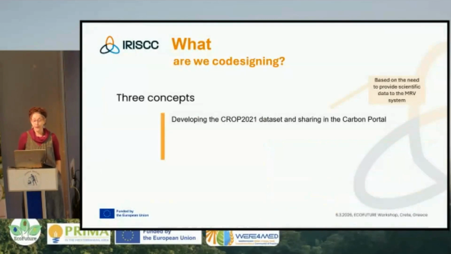So what are we co-designing at the end? We are developing the CROP 2021 dataset and sharing it through the Carbon Portal. This is what we have identified, and this is based on the need to provide scientific data to the MRV system, which is the monitoring, reporting and verification system.